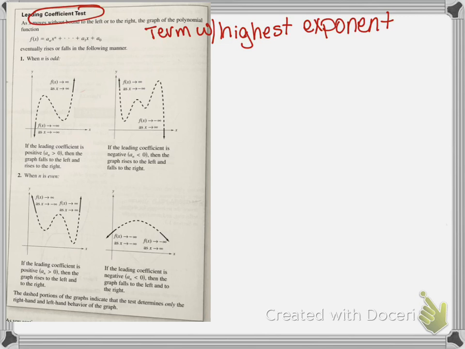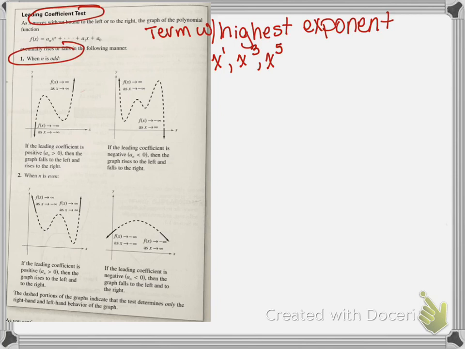Now, one of two things can happen. You can have a polynomial where that exponent is odd. That includes x to the first power, x to the third power, x to the fifth power.